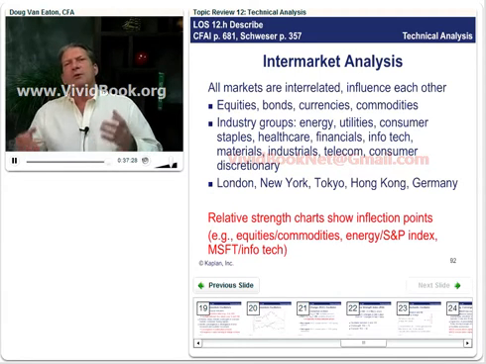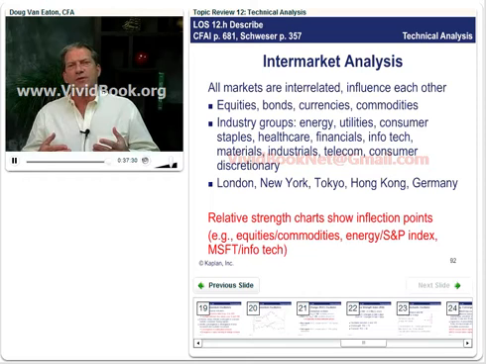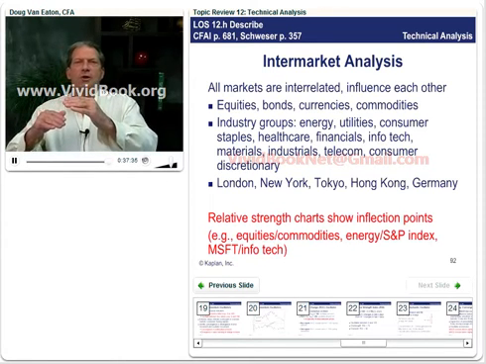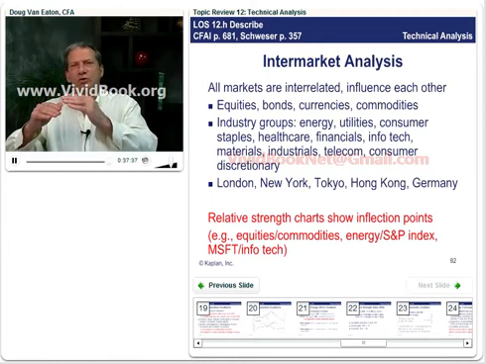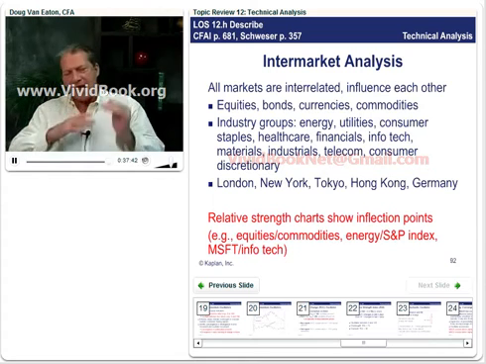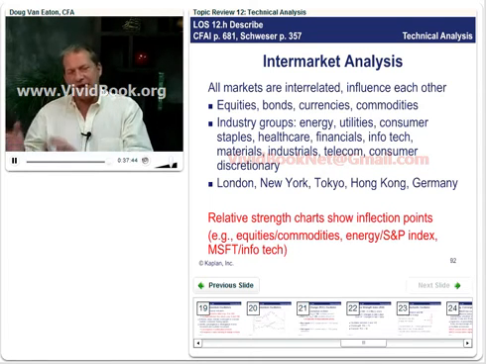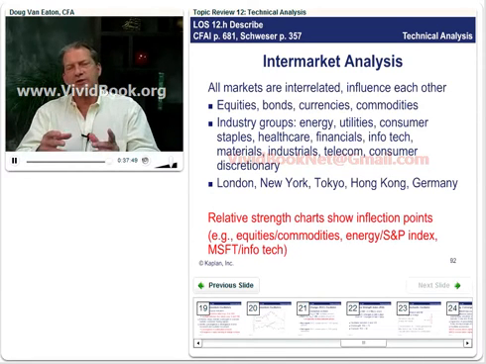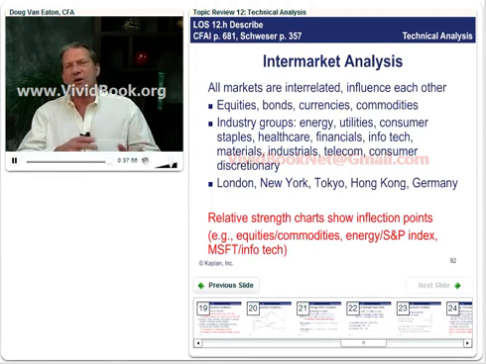So if we're thinking about the 10-year Treasury versus the S&P 500, that will be high when the bond price is high and the equity market is low, and extremes of these tend to indicate inflection points where, after a period of money moving out of equities and into bonds, that switches, and the idea is we get into a longer term trend the other way, where money is moving out of bonds, bonds are falling, and moving into equities, equities are rising.